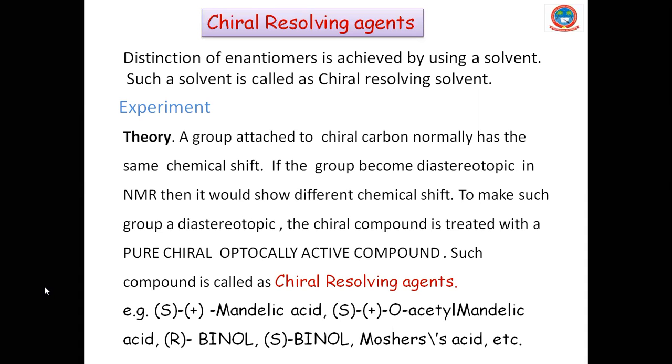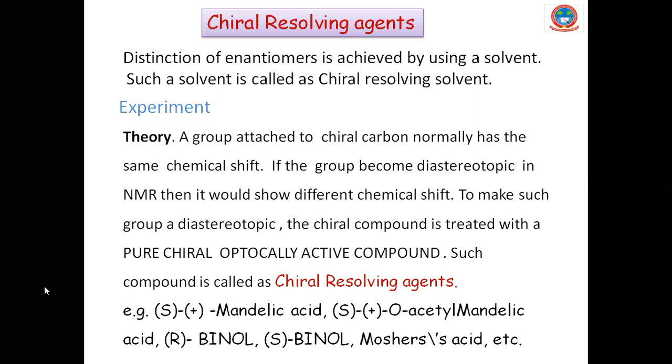So to convert it into a diastereotopic group, the chiral compound needs to be treated with a very pure, optically active chiral compound, and such compounds are called chiral resolving agents.